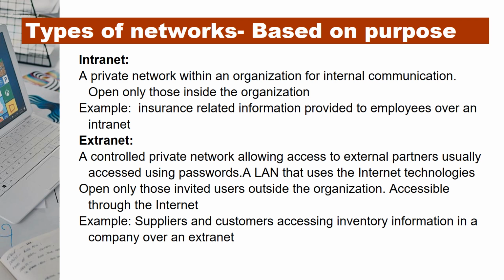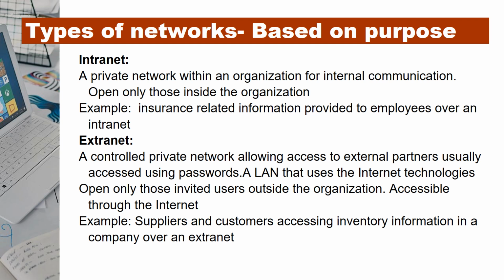When you're talking of an extranet, these are controlled private networks that allow access to external partners. They are used for sharing information and resources with external partners, right? This is open only to invited users outside the organization, and they're accessible through the internet.